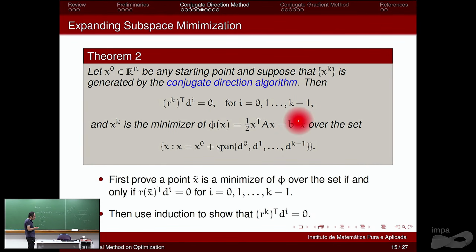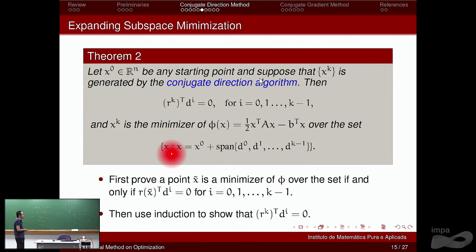For any initial point x0, we suppose xk is generated by the conjugate direction method. Then we know the residue is orthogonal to all the previous directions, that is, orthogonal to di for i from 0 to k minus 1.